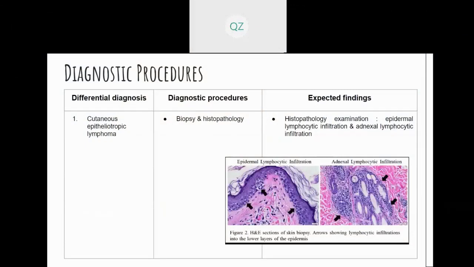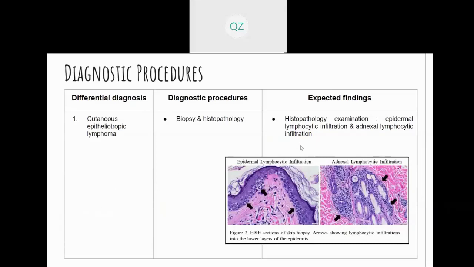Moving on to our diagnostic procedure. For our first differential diagnosis, which is cutaneous epitheliotrophic lymphoma, a definitive diagnosis is always based on histopathological examination. A full thickness skin biopsy section is needed for a definitive diagnosis.